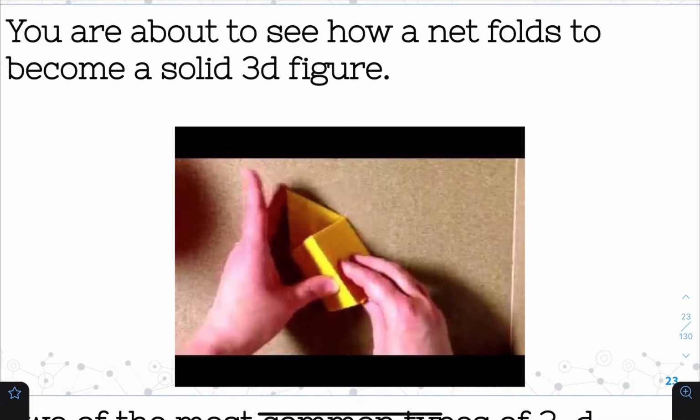I do want you to take your time with it and watch the video all the way through, get an idea of how these 3D objects break apart and also how they are shaped together to make that 3D object, going from flat to 3D and from 3D to a flat net. Pause the video, click play in the description below for video 1, and then come back and continue.